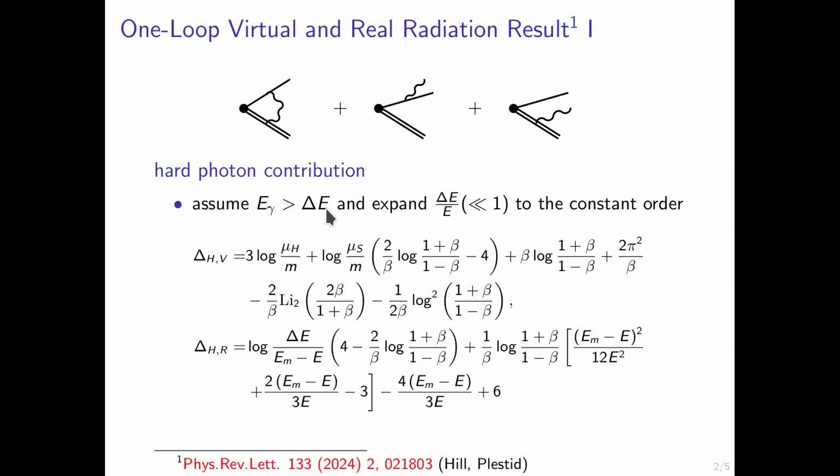Delta E is the lower bound for the photon energy, and expanding the final result in delta E over E, where big E is the energy of the electron, you get these two expressions. You can see we have two scales here, mu_h and mu_soft.